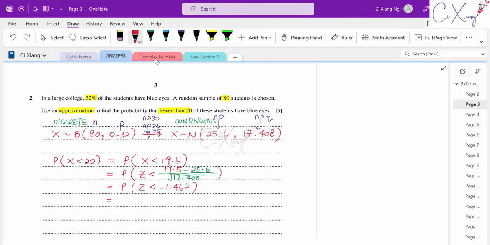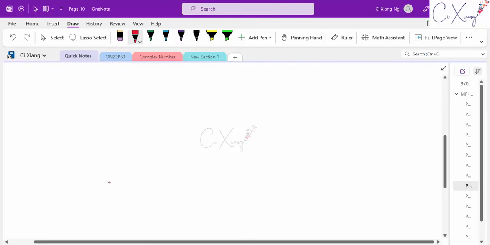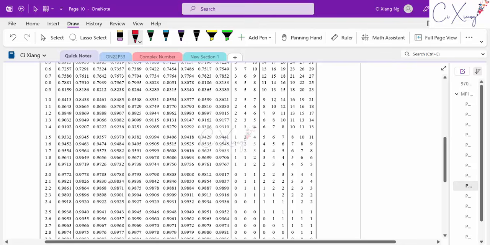This particular area is equal to the area greater than 1.462, and I have to take 1 minus the value that I get from the normal table to get the answer. So I'm looking for 1 minus P(z smaller than 1.462). So we go to the normal table, 1.462. This is 1.4, 6 is this value, and 2 is this one.